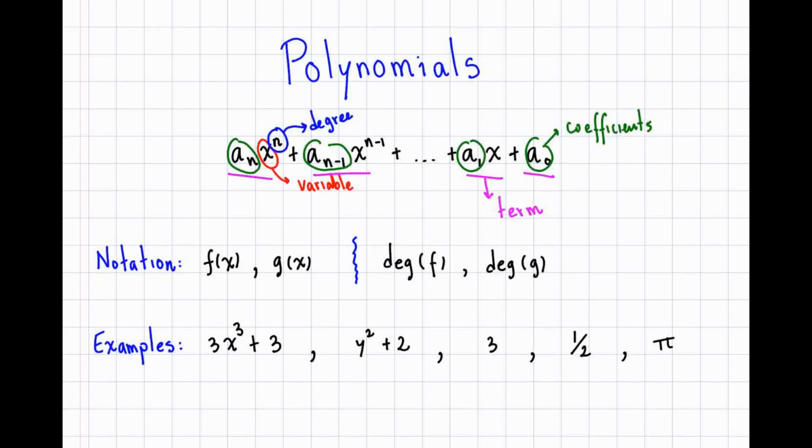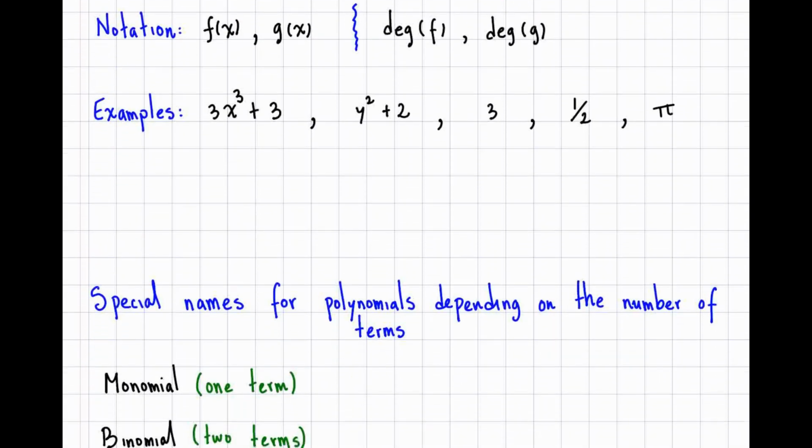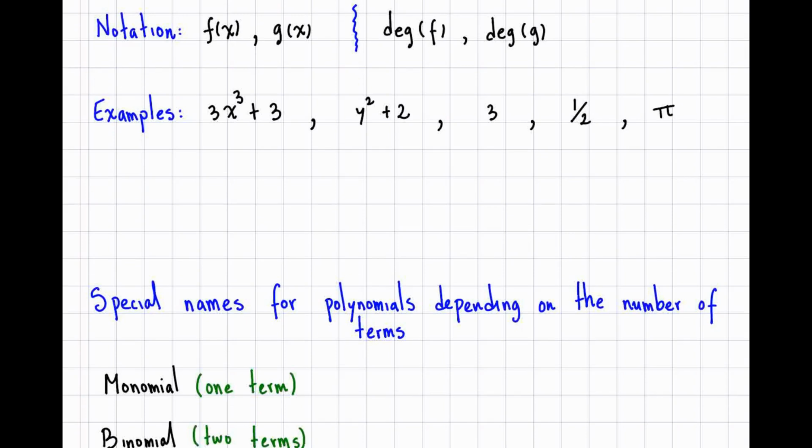Now, usually a polynomial is denoted using a letter like f or g followed by its variable in parentheses. And the degree of a polynomial is denoted by deg followed by the notation for the polynomial in parentheses. Like this, deg of f for f of x and deg of g for g of x.